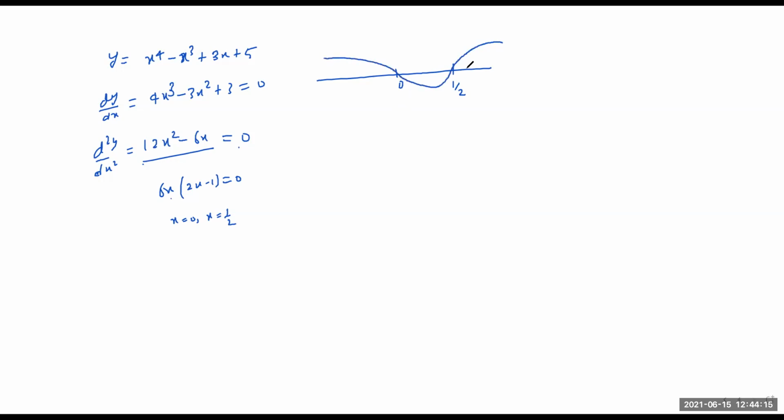Beyond half it's positive, between it's negative, and before 0 it's positive. What does it mean? Beyond half it's concave up, before 0 it's concave up, and between them it's concave down, and we have 2 points of inflection, 0 and half.